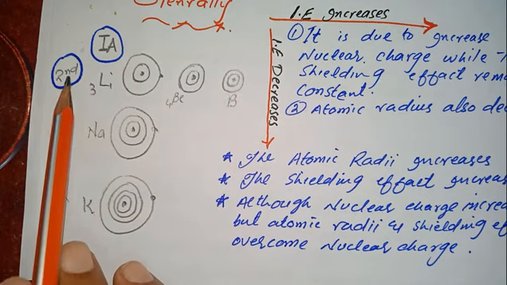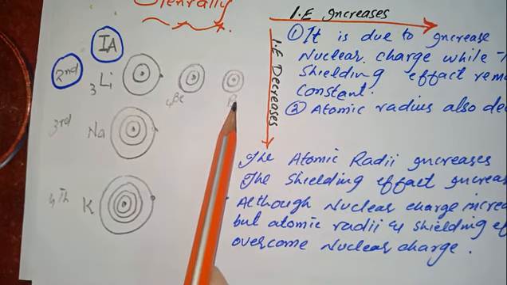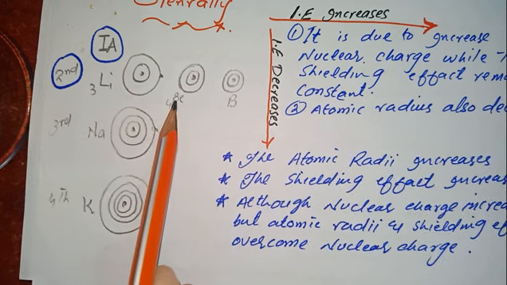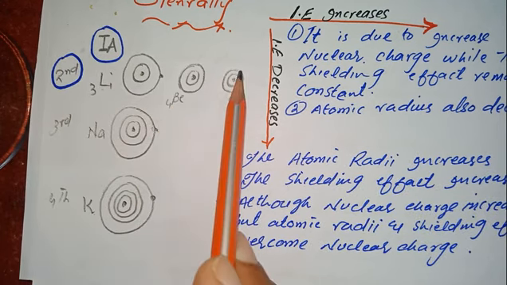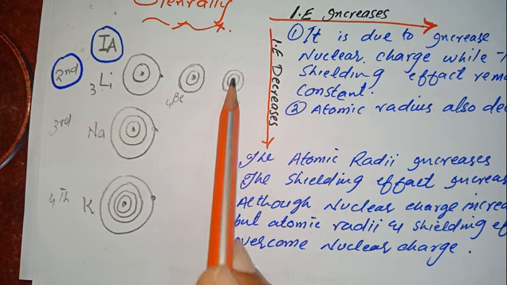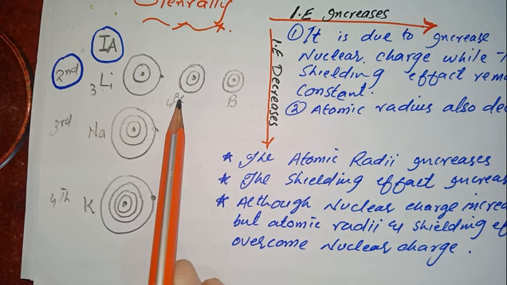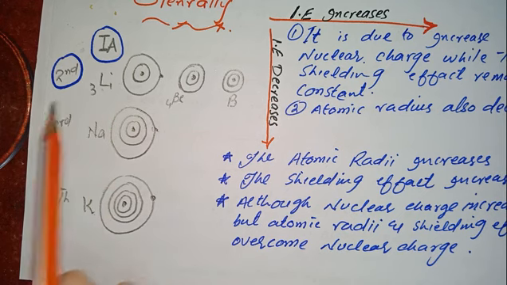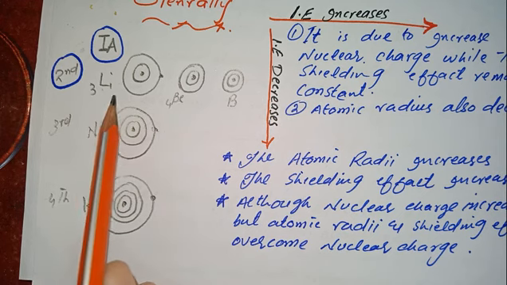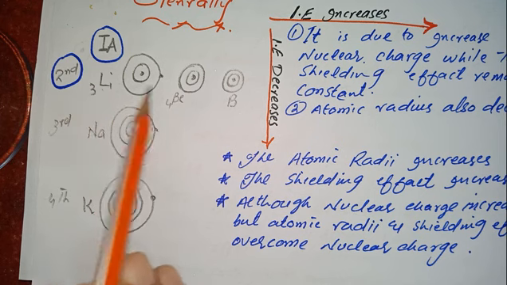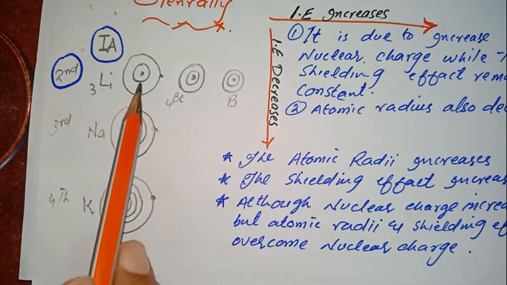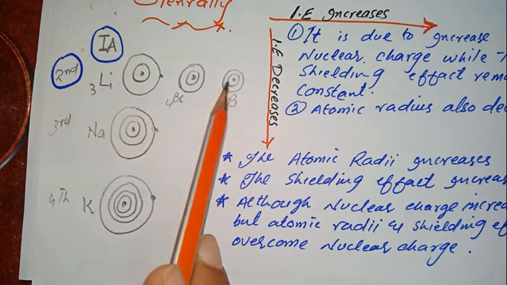Now, in a particular period, when we move from left to right, ionization energy gradually increases. It means that in the second period, boron will have more ionization energy than beryllium and lithium. Or we say that the valence electrons of boron are held much more strongly by the nucleus as compared to those of beryllium and lithium. It is again because of certain factors. Number one, as we move from left to right in a period, the number of protons gradually increases.